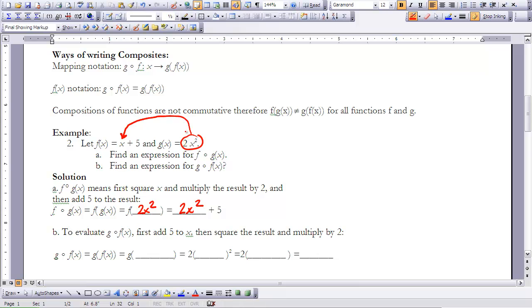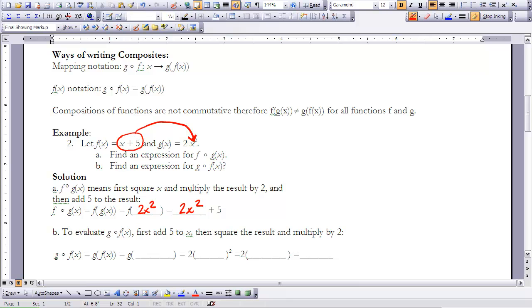Now to evaluate g of f of x, first add 5 to x, then square the result and multiply by 2. So in this case, we're going to take this function, f of x, and it's going in place of x over here.